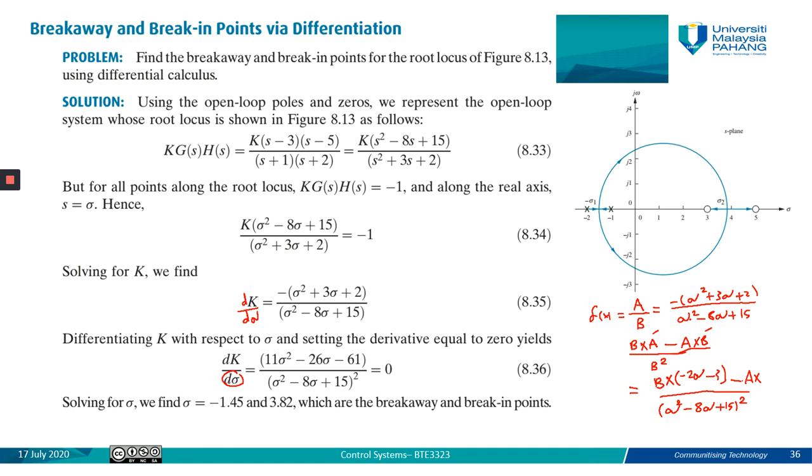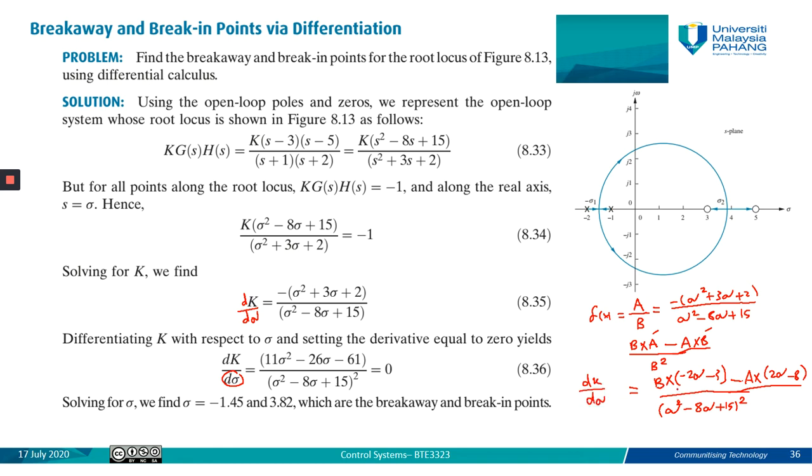The derivative of the denominator is 2 sigma minus 8. So this will be the derivative dk over d sigma.